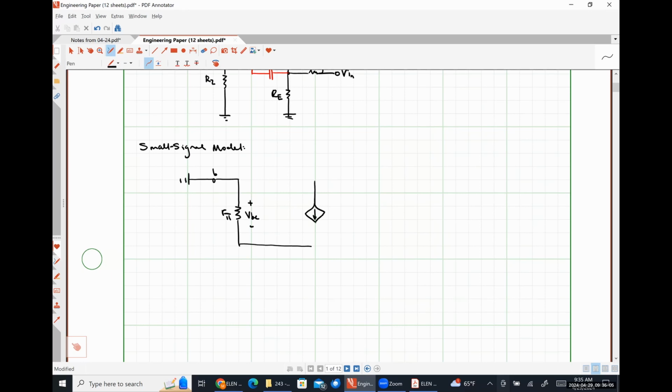Here's GM VBE in parallel with R naught. Here's my collector node. Between my collector node and ground, I should have a resistance of RC in parallel with RL. So I'm going to put that here.